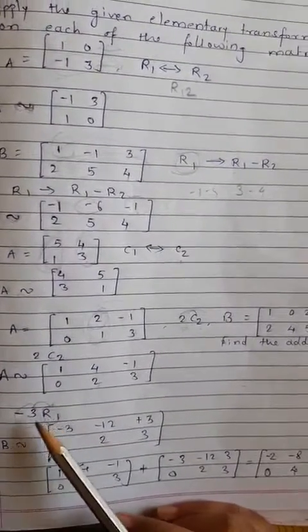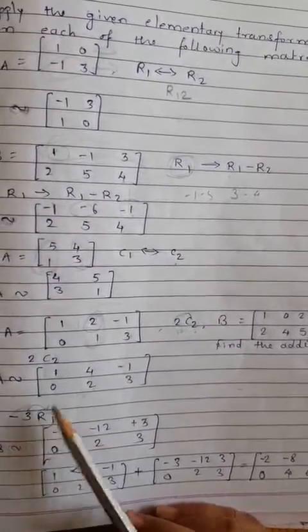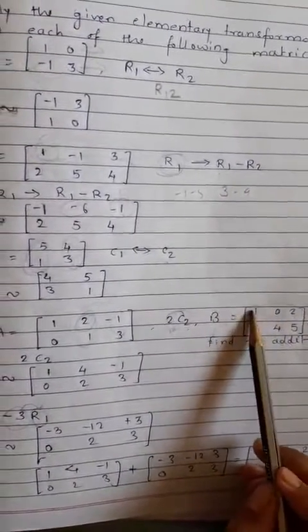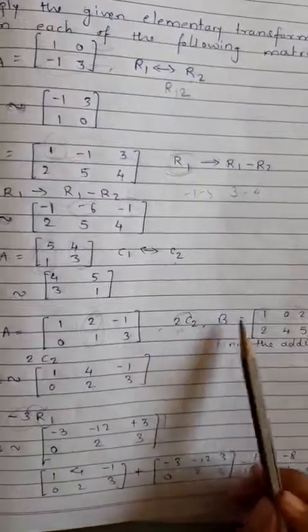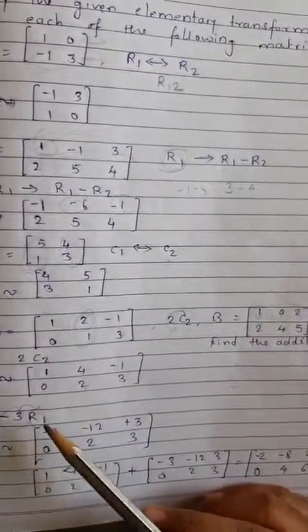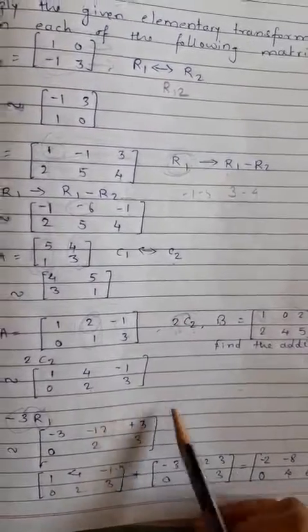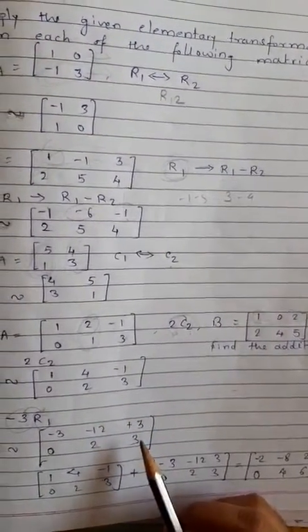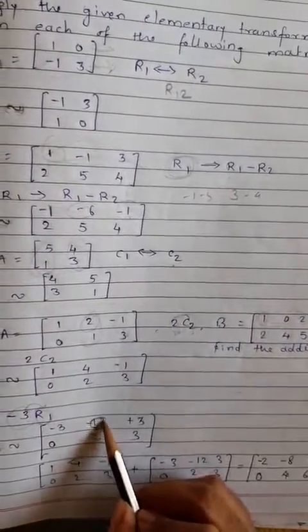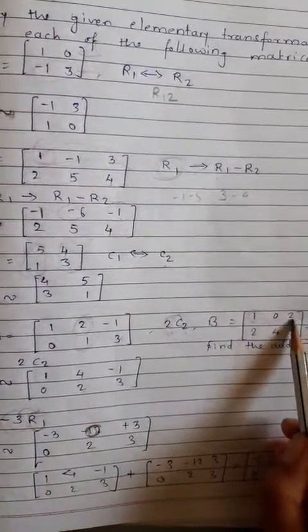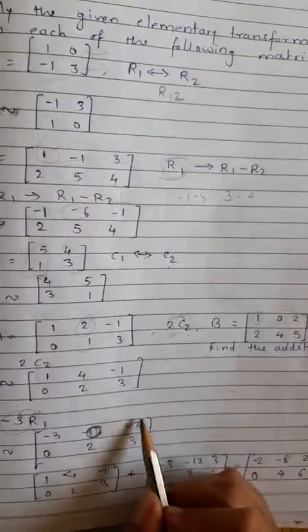Okay, so minus 3 into the first row, this whole first row. So the first element is minus 3 into 1 will be minus 3, minus 3 into this 0 will be, okay, here it should be 0 students, and minus 3 into 2 will be minus 6.